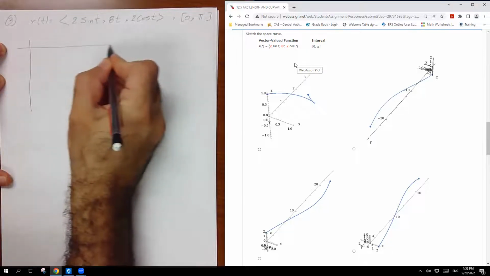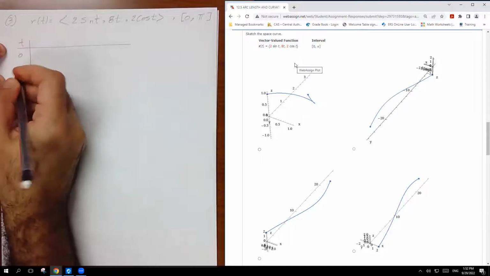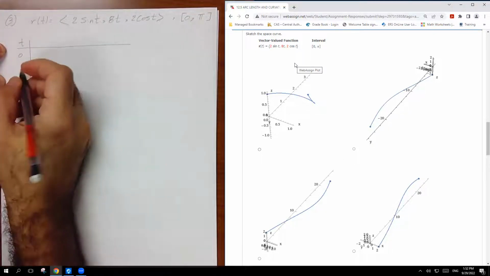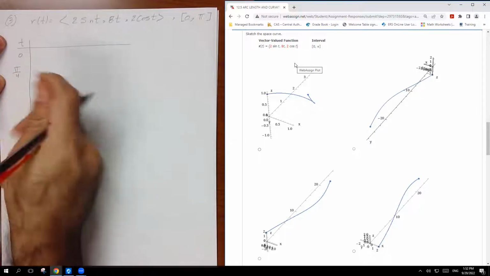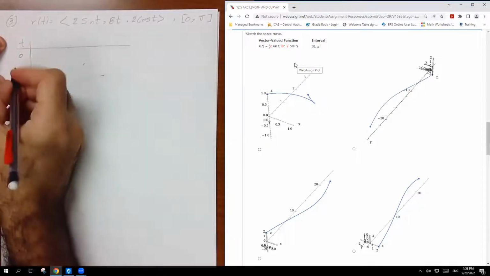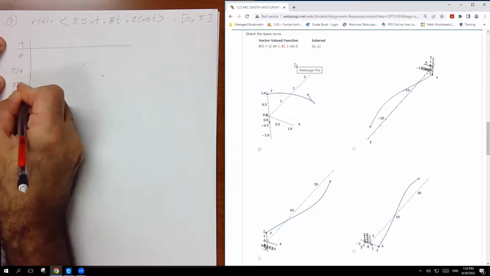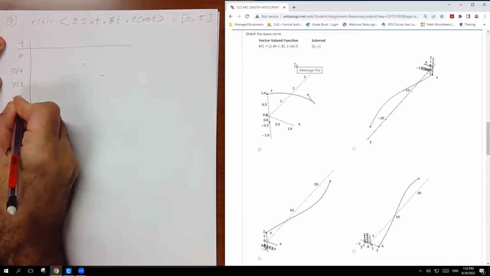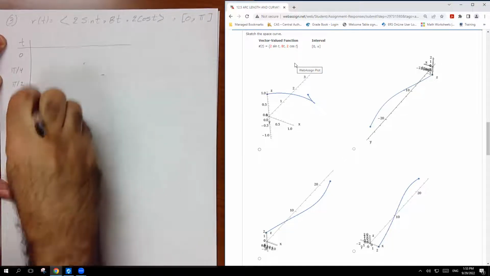create a table. Here's t. I'm going to choose the point 0, between 0 and pi, and let's choose pi over 4, pi over 2, 3 pi over 4, and pi.